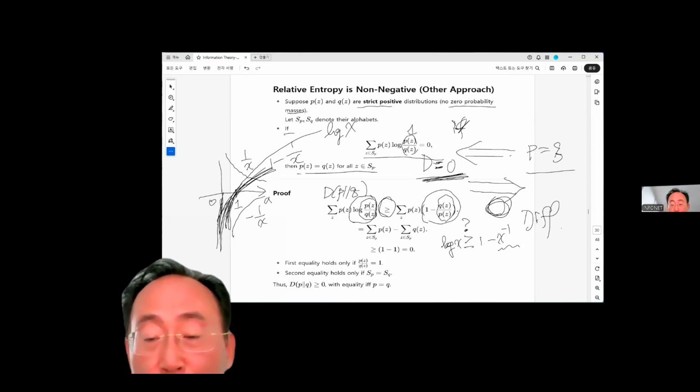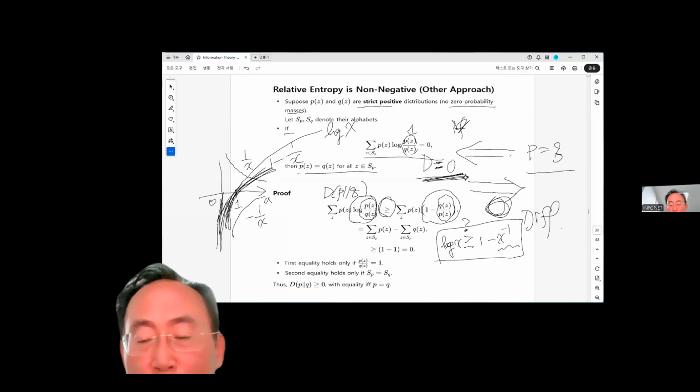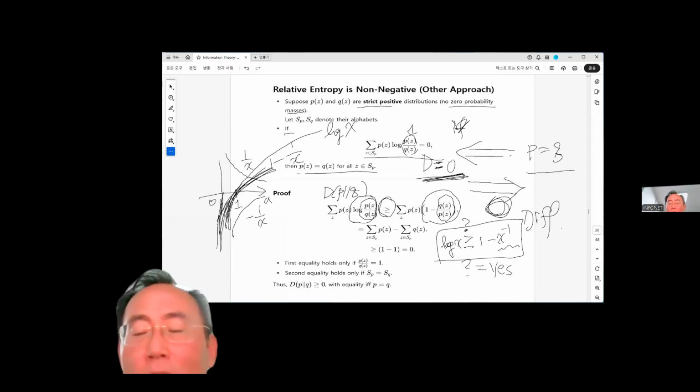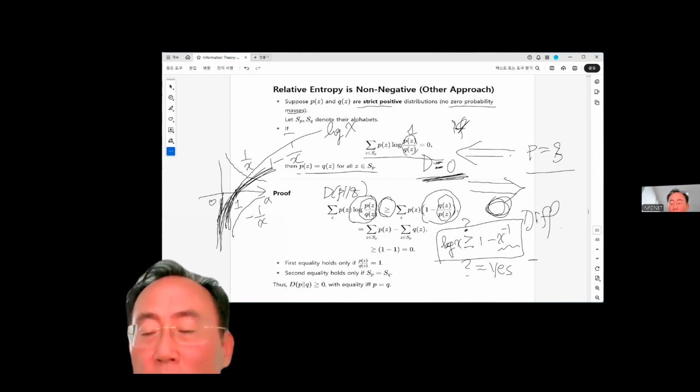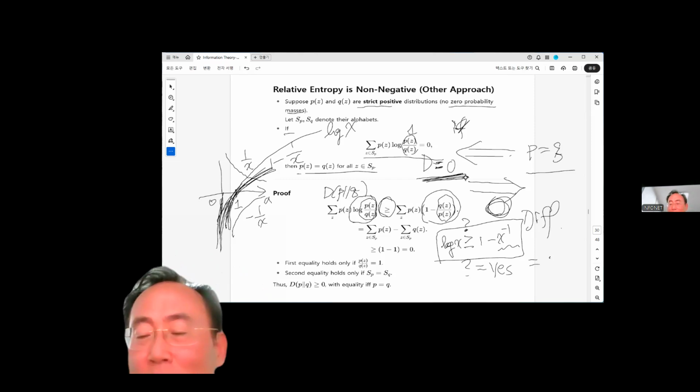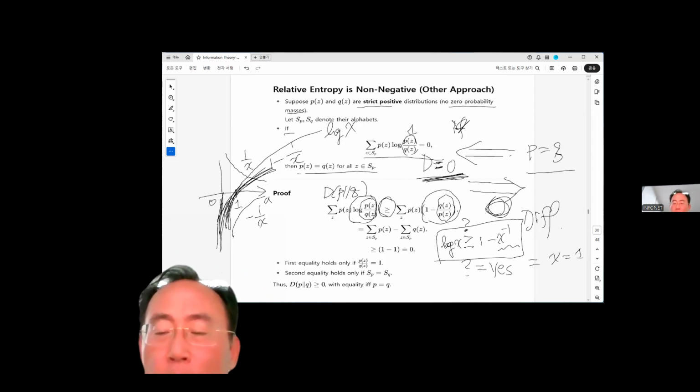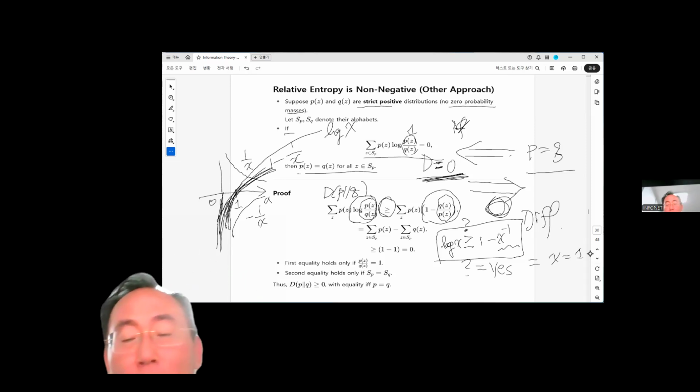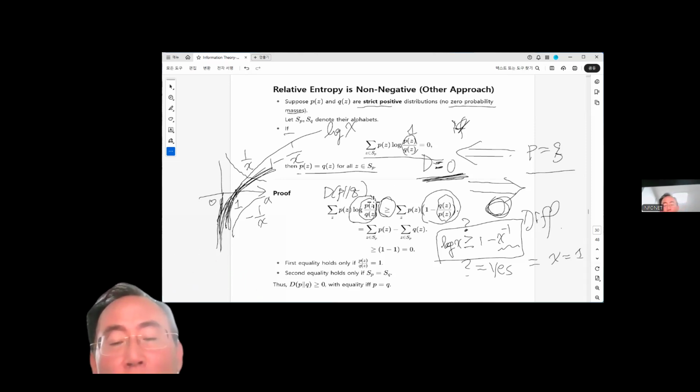So if you draw these two curves and compare, aha, this is true. This is a yes, right? And then equality is achieved when x is equal to 1. Right. So that's the inequality right here. It is due to this inequality. And then equality is achieved if and only if x is equal to 1.